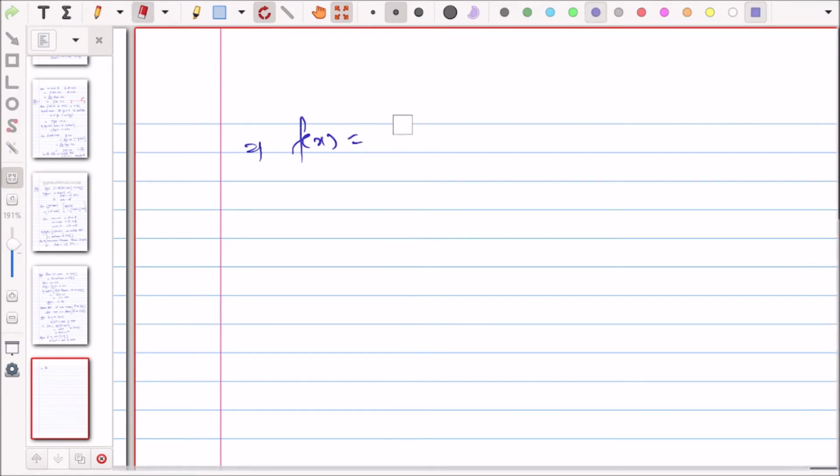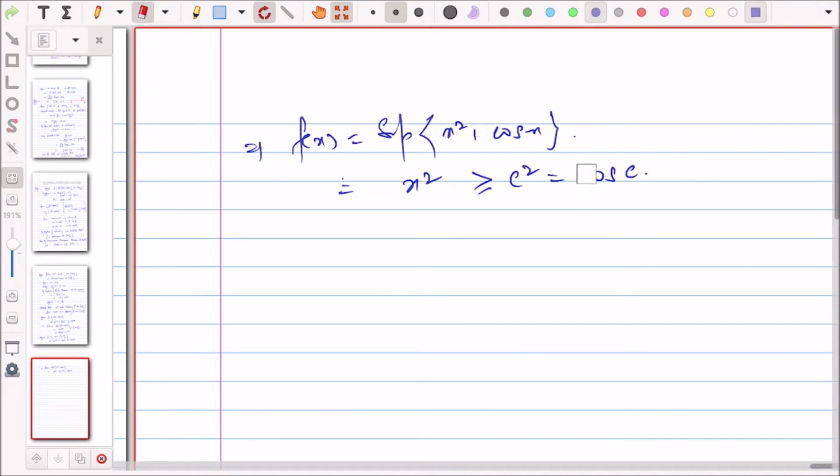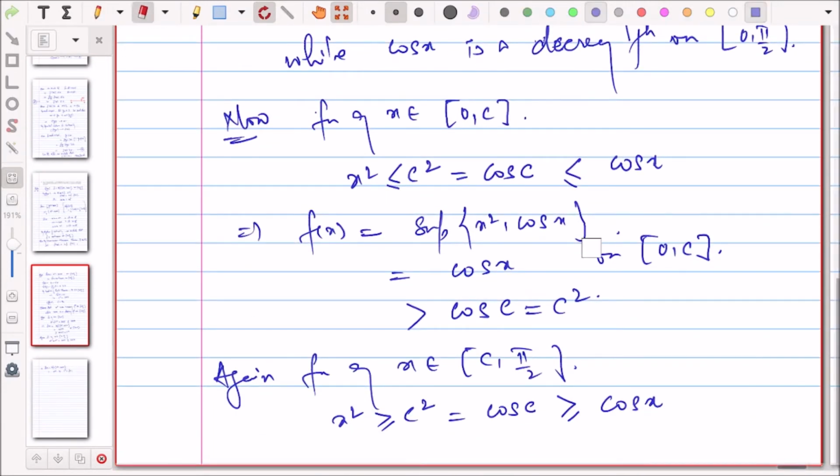So this implies f of x is equal to x square, the supremum of x square and cos x, which is greater than or equal to c square, equal to cos c, or you can say f of c. So this is the value of c square, which is equal to f of c.